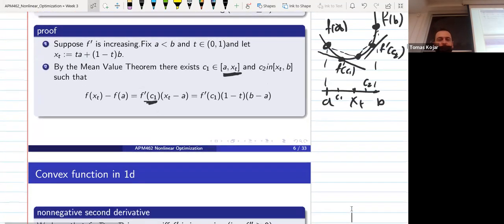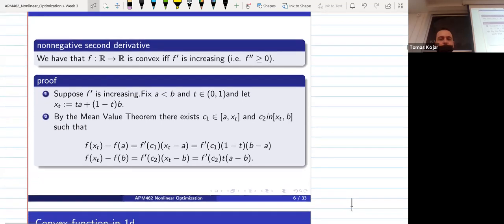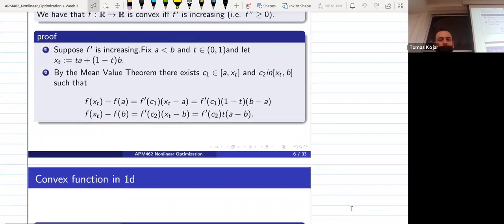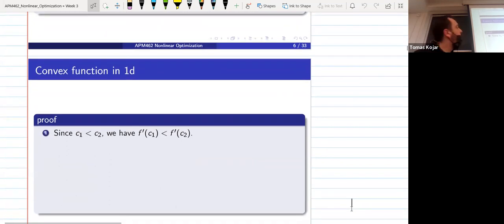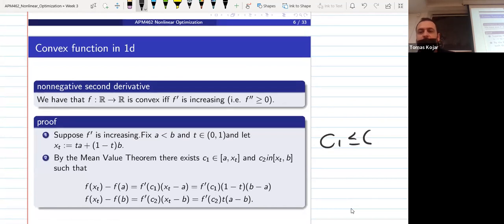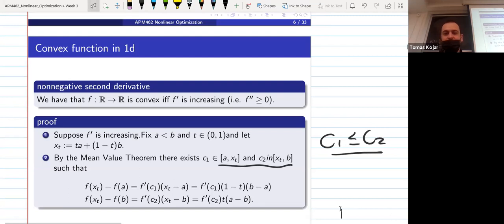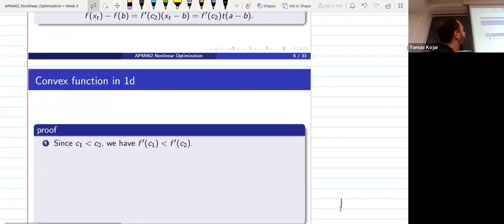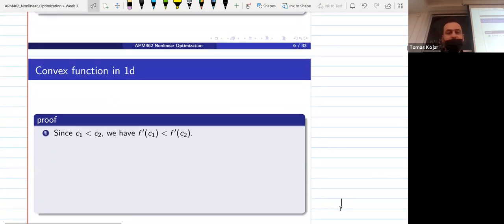Do the same for the other one, x of t to b. And now we know that C1 will be less or equal than C2, just by being in this set. So F prime is increasing, and you have this monotonicity.